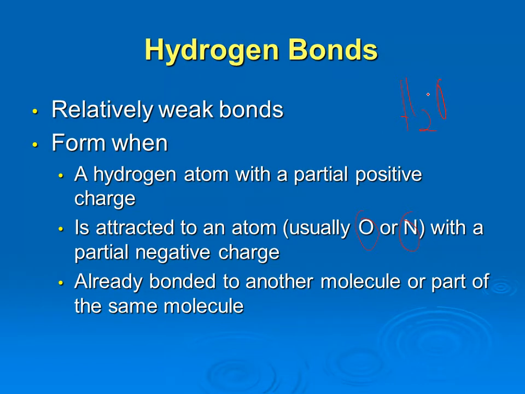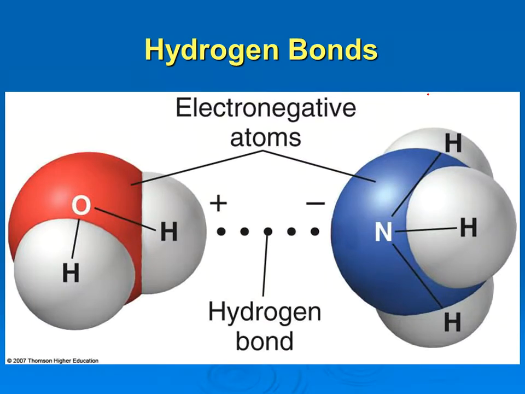And so if you look on page 35, it talks a little bit about hydrogen bonds and some of the weak attractions that are formed there. In the next section, here you see kind of what happens.